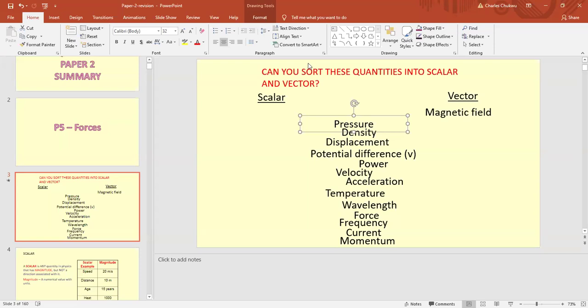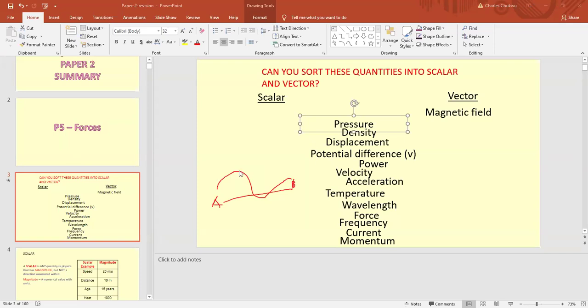Distance can be from A to B. It can be curvy. A bicycle or a car can drive in a curved manner. But when you want to talk about displacement, this is A and this is B, and displacement is the straight line between A and B. Because displacement is a straight line, it has direction. Therefore, it's a vector quantity.